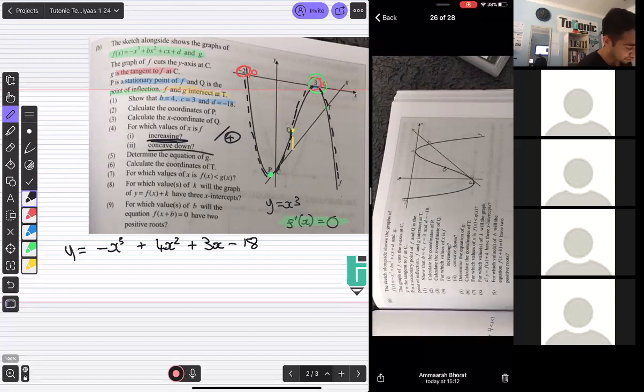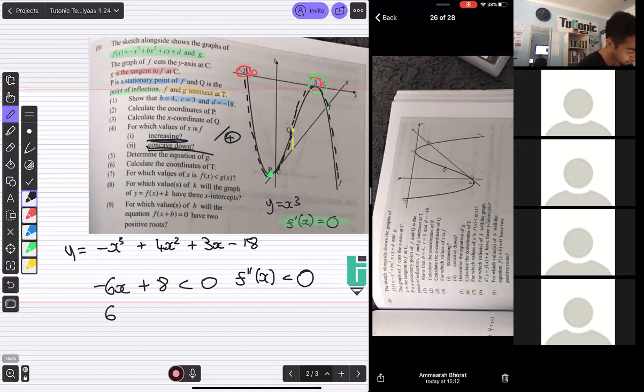Now concave down, that's English, but what is the maths for concave down? Concave down is when the second derivative is smaller than naught, just like concave up is when it's greater than naught. So you found the second derivative. We said it was minus 6x plus 8. Sorry, not equals naught. We are saying where that must be smaller than naught.